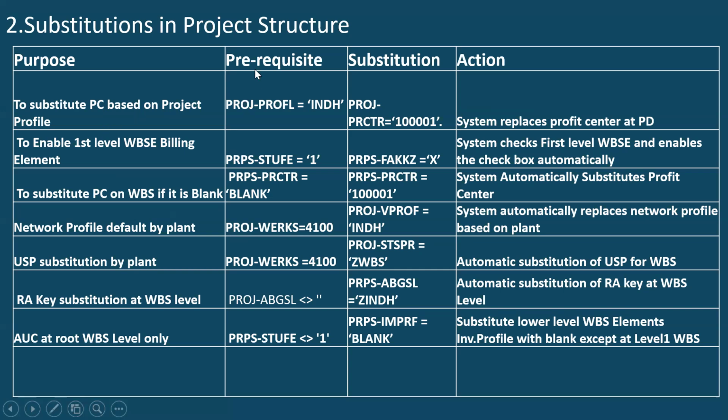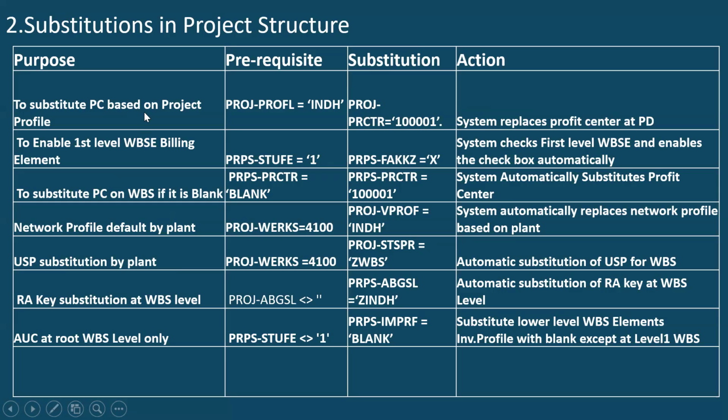What is the prerequisite? In the validations, we have prerequisite, check, action, and message number, right? In the action, we give the message number. Now here we have a prerequisite and substitution. There is no check condition here, right? So if the prerequisite is met, it directly substitutes.